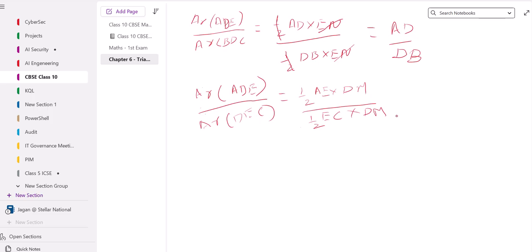Again, both of them can be striked off. So what is left now? AE divided by EC.